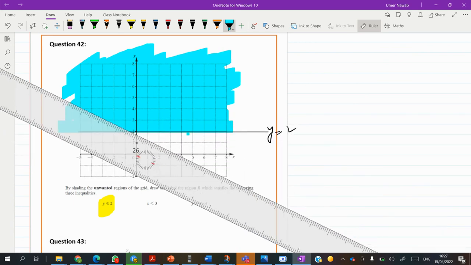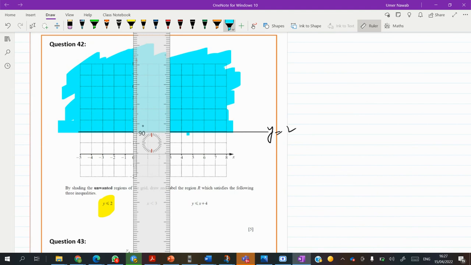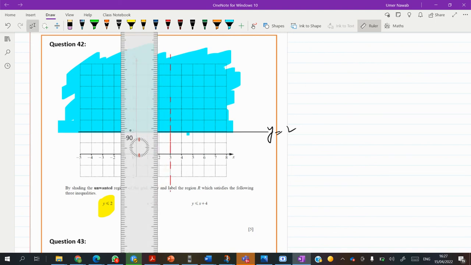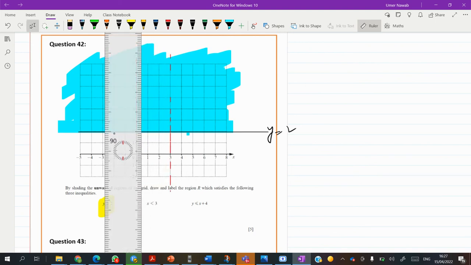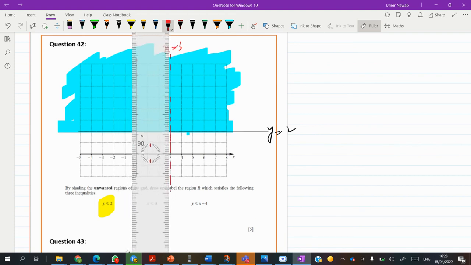Then x equals 3. It should be a dotted line, boys, because he is using a restricted inequality, less than 3. So this is x equals 3. Less than means the left hand portion is wanted, the right hand portion is unwanted. We will shade the unwanted portion.